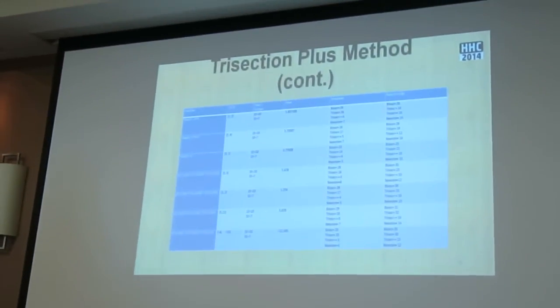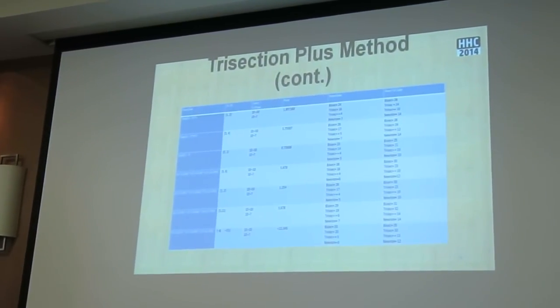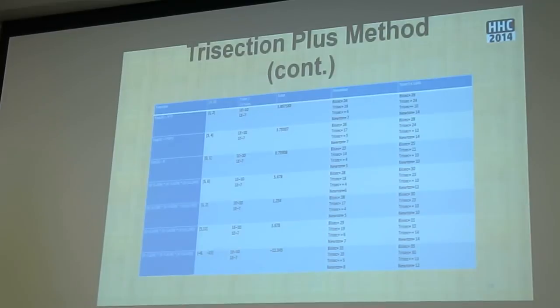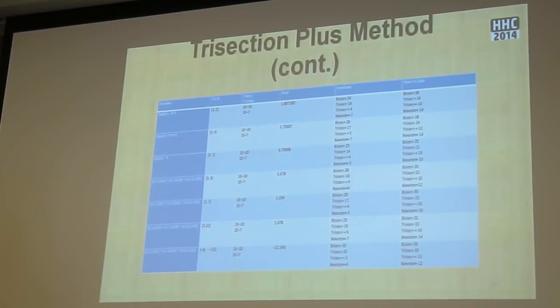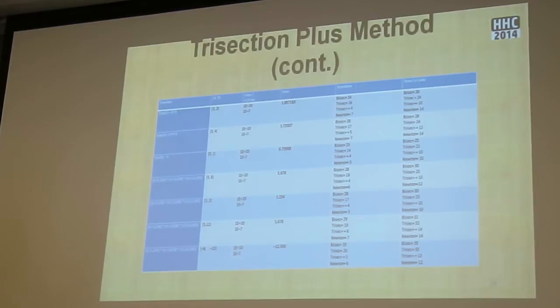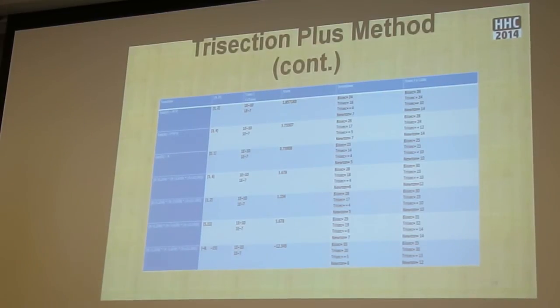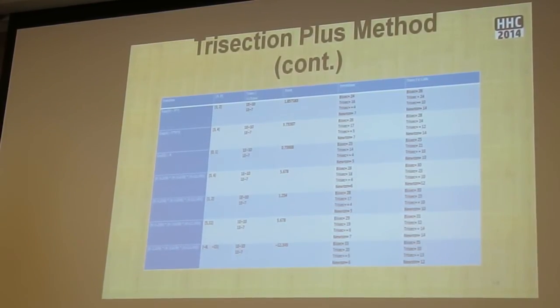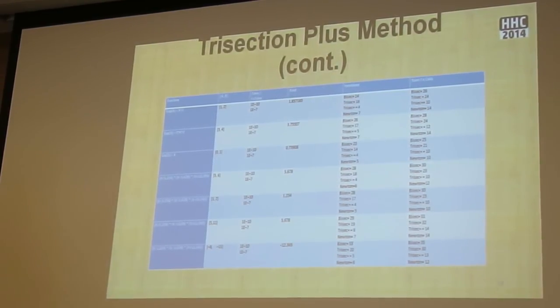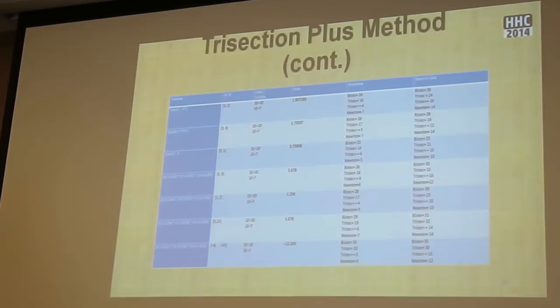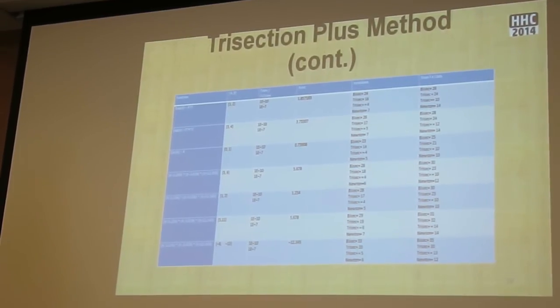But the thing is, because these are all root bracketing methods, they're pretty much guaranteed to work if you have one root in the initial interval. You're going to get there. And again, like the bisection, the inverse interpolation gives it a little bit more oomph, more power.